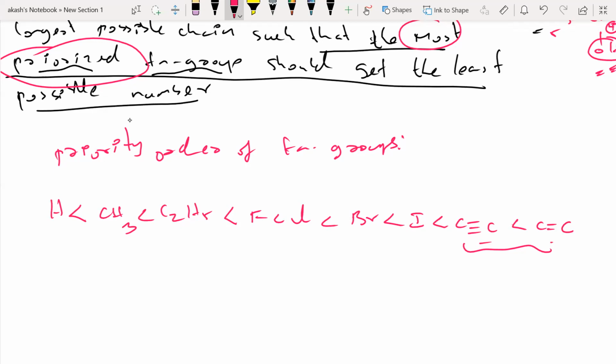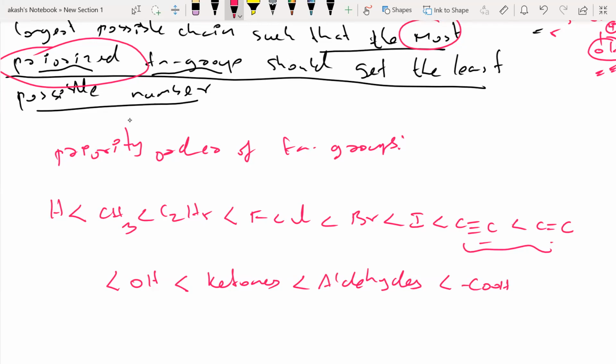After C double bond C comes alcohol, OH. And after alcohol come your ketones. Then come aldehydes. And the maximum priority of them all is held by carboxylic acids, COOH. So this priority order we have to remember.